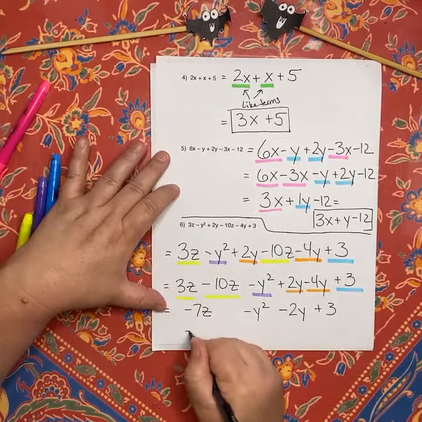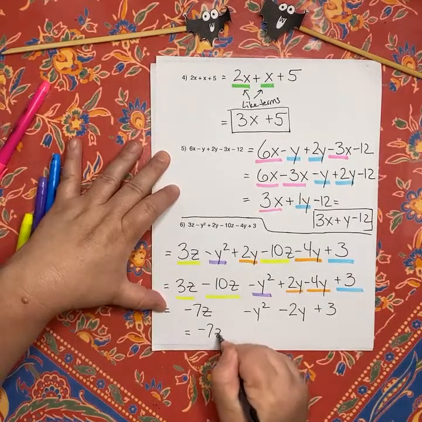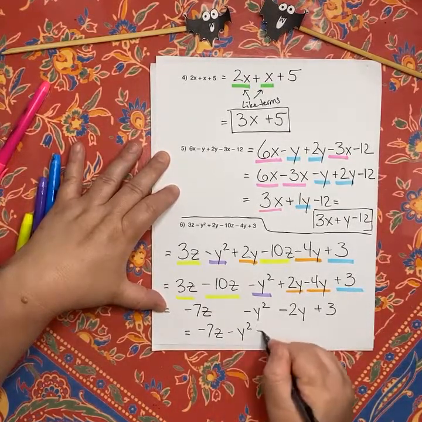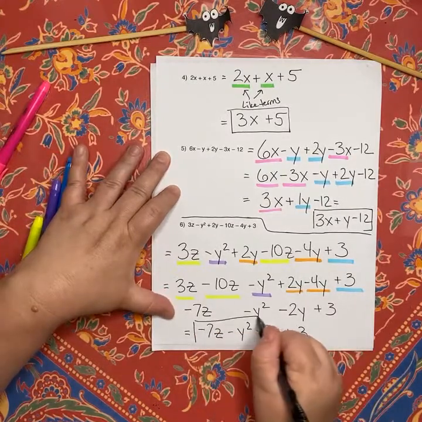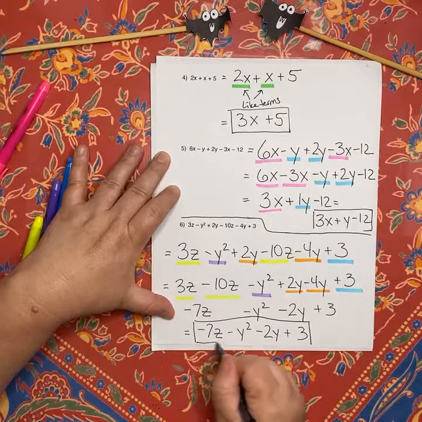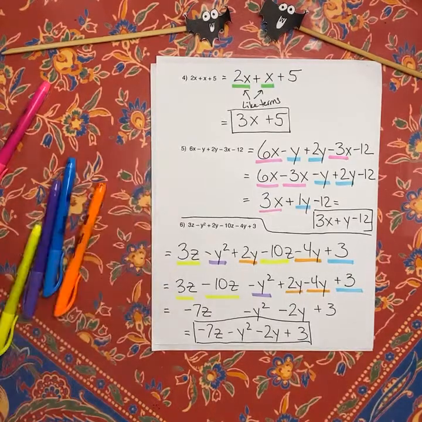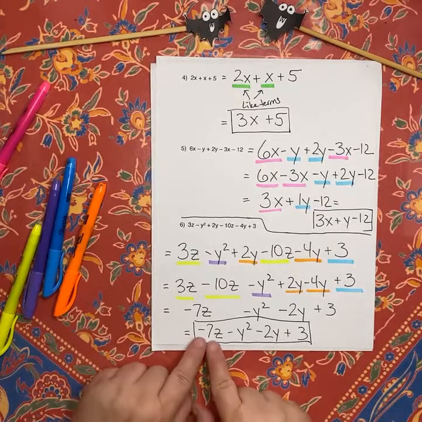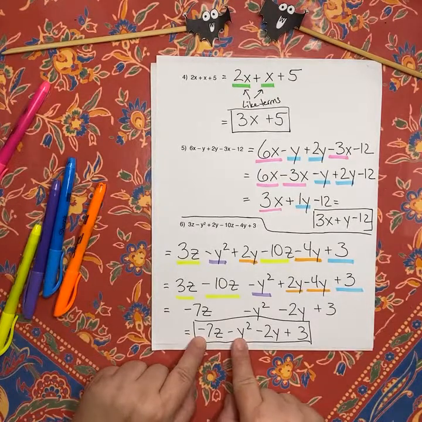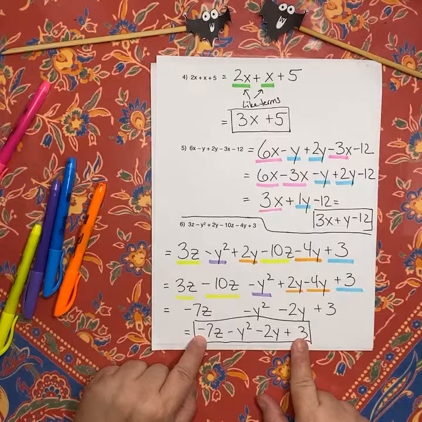Wow, I was in a really negative mood when I wrote all these problems, huh? Almost as if I'm trying to help you practice with your negatives. I don't know. Or maybe there's no good reason. Okay, negative 7z minus y squared minus 2y plus 3.